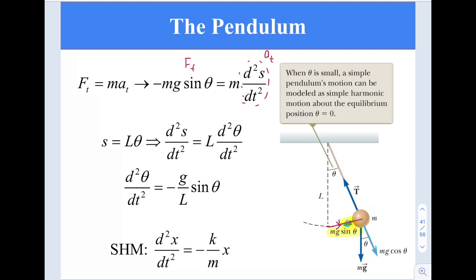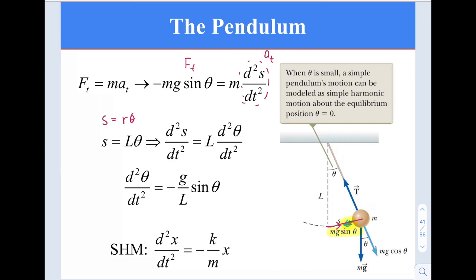We do know that the length of the pendulum here is also the radius of a bigger picture, or the radius of the circle. The linear displacement, the S, is equivalent to r theta, isn't it? If you still remember, S is equivalent to r theta.